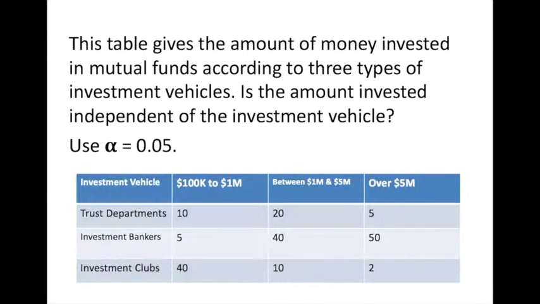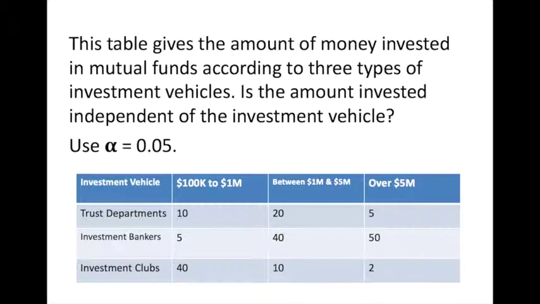Now let's see an example from our homework. The question says that this table gives the amount of money invested in mutual funds according to 3 types of investment vehicles. Is the amount invested independent of the investment vehicle?